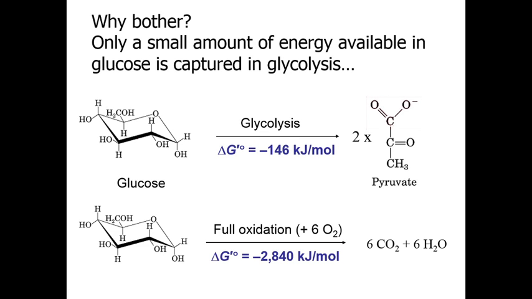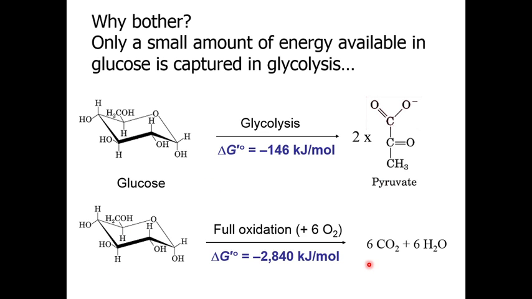The real question is, why bother? Why do cells need the TCA cycle or oxidative phosphorylation? The answer is because only a small amount of energy available in glucose is captured in glycolysis. Glucose is only partially oxidized. In glycolysis, only minus 146 kilojoules per mole of energy is released, and carbons are still intact in 2 pyruvate molecules, and these carbons have lots of energy.